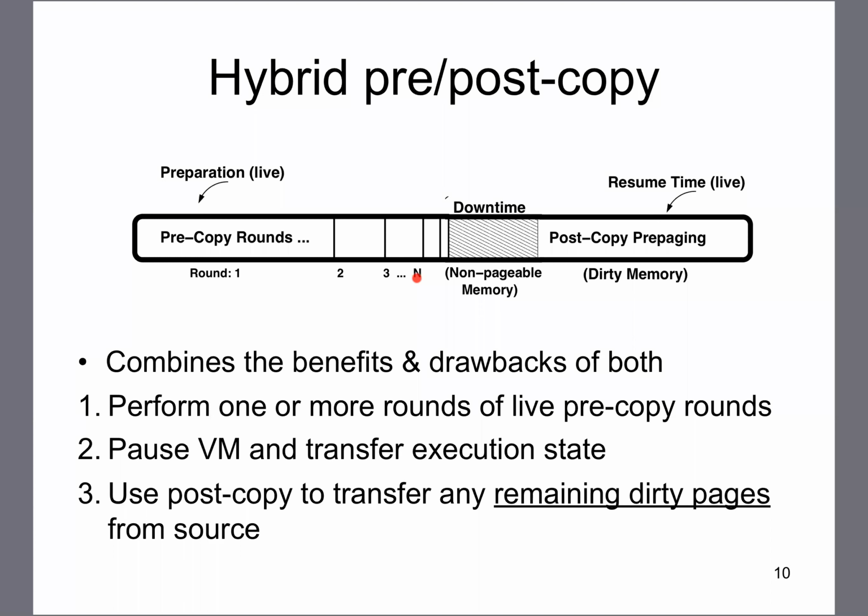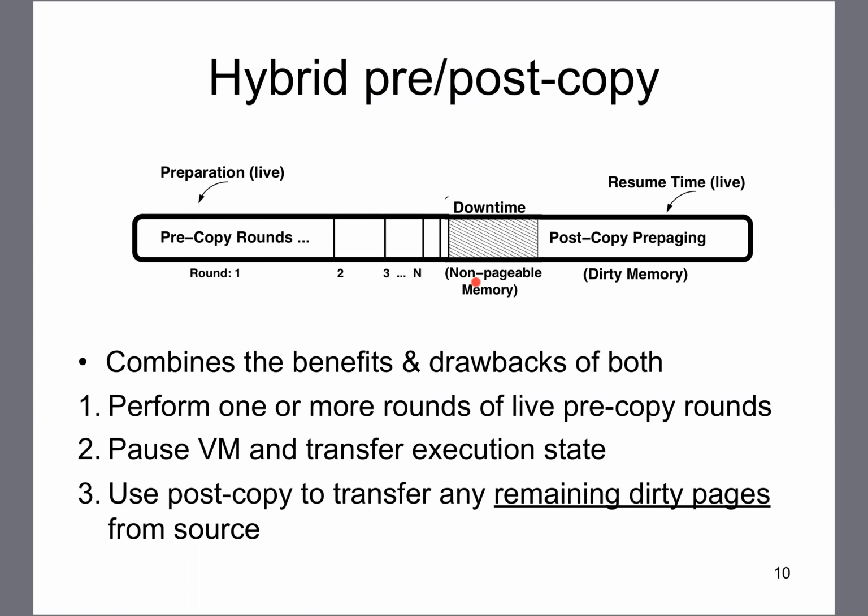So maybe 2 or 3 pre-copy rounds, that's enough to send the majority of the pages over to the destination. And then you can pause the VM, send the minimal execution state, and then there are still some dirty pages left over at the source.